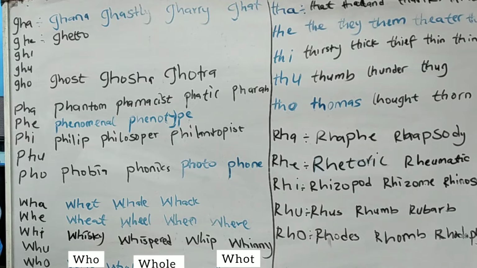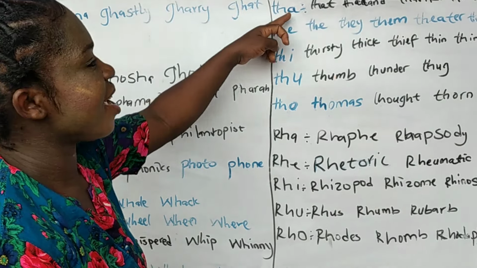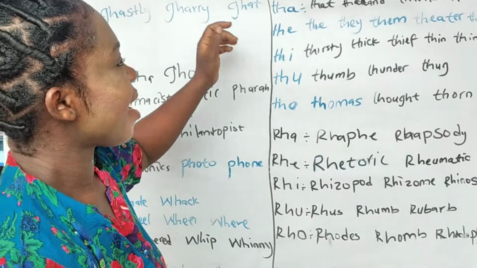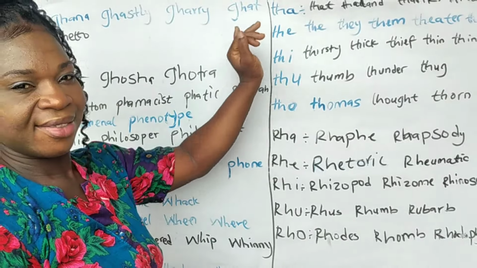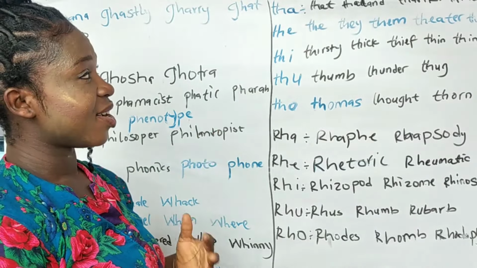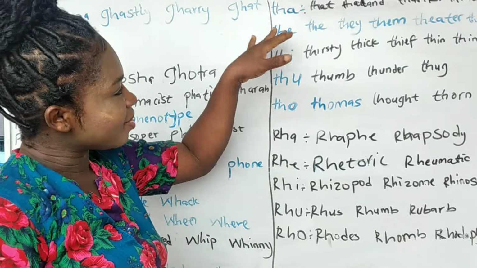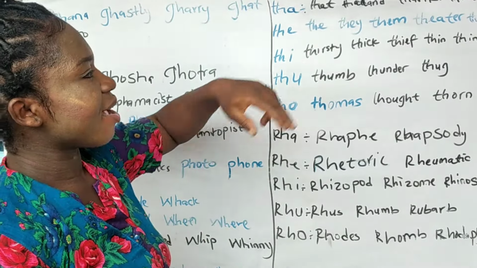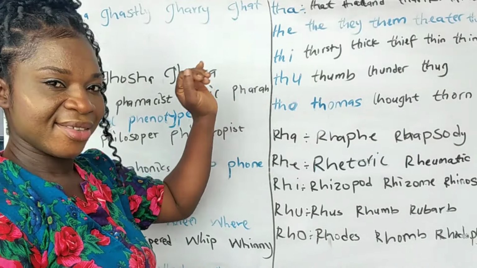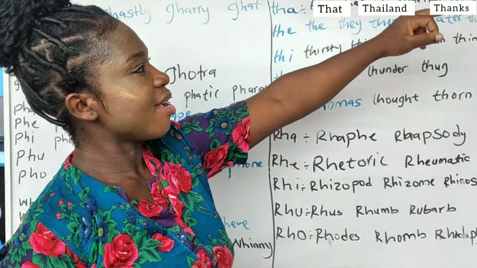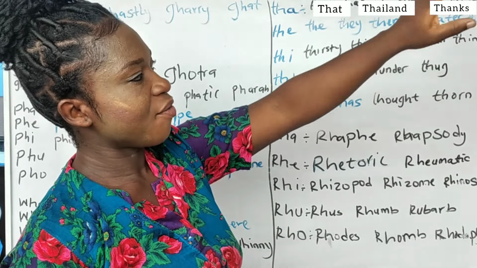So over to the other side, this is THA. As we normally do, we have ta, ta, ta. Not T, not D, but the mixture of D and T gives us this sound. We have ta, ta, ta, that, Thailand, thanks, terrified.